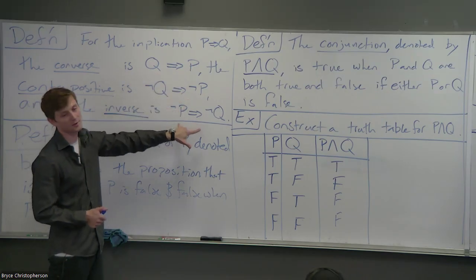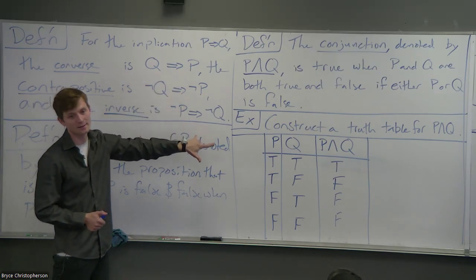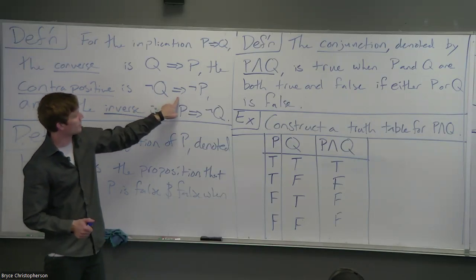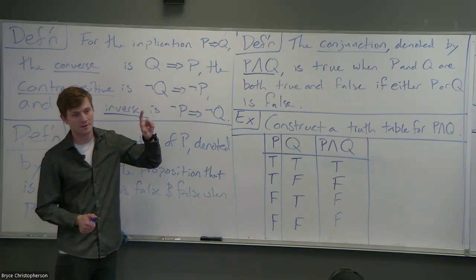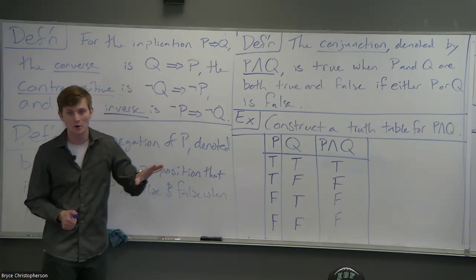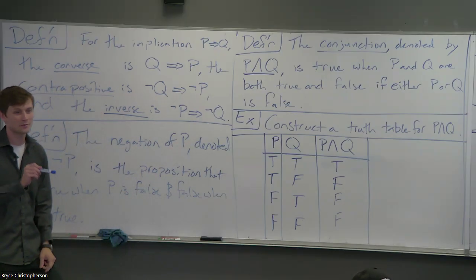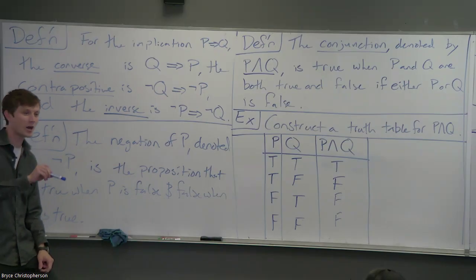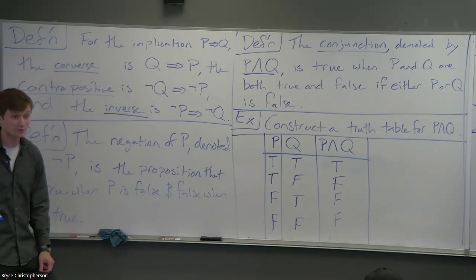The next two maybe seem a little bit more mysterious, but they're just adding nots. So the contrapositive is: not Q, then not P. Let's do that with the snowing and cold. If it is snowing, then it is cold. If it is not cold, then it is not snowing. Huh.